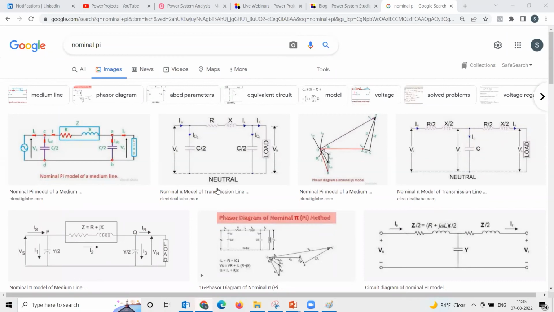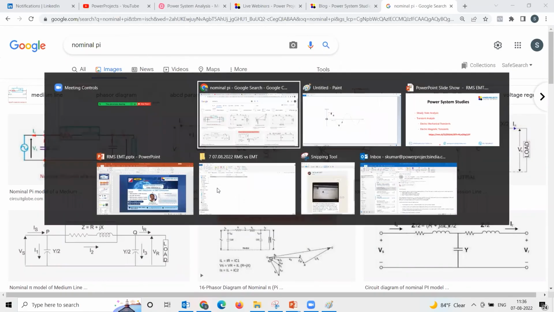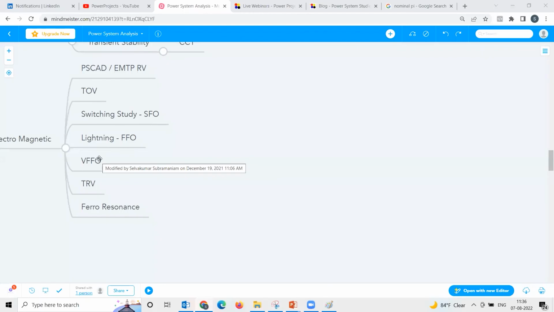When we say EMT, electromechanical or electromagnetic, it's the same abbreviation, so we have to be a bit careful when we say electromechanical transients or electromagnetic transients. EMT stands for both. And coming back here, if you have GIS substations, you need to perform VFFO studies.